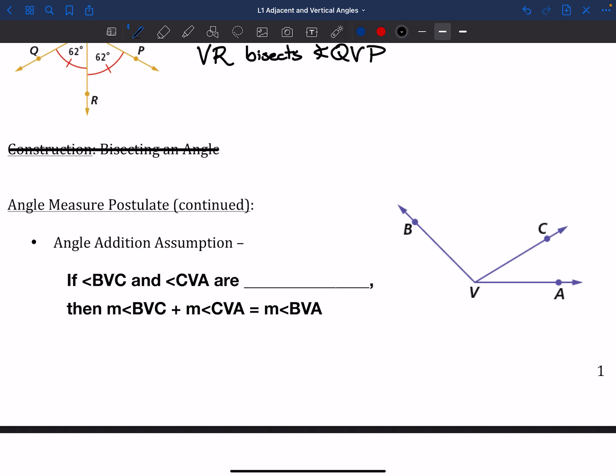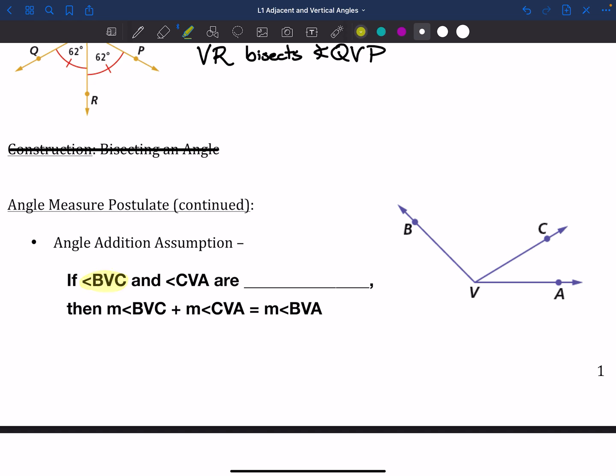We use postulates and theorems to bank things that we can definitely say for sure and say them more succinctly. So instead of saying, if BVC and CVA are blank, then blah, blah, blah, you would just say angle measure postulate. Cool, done. So in this diagram, we're talking about these two different angles, right?